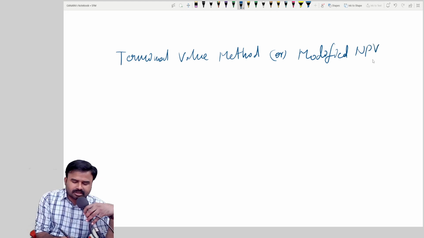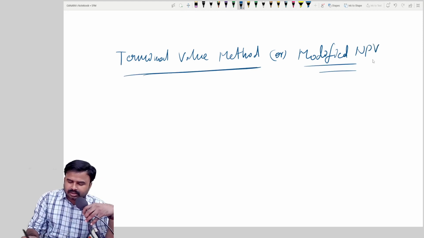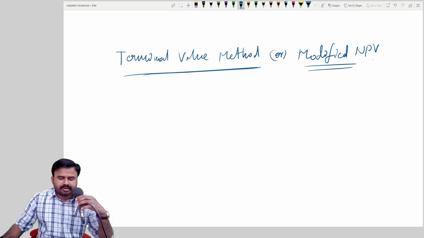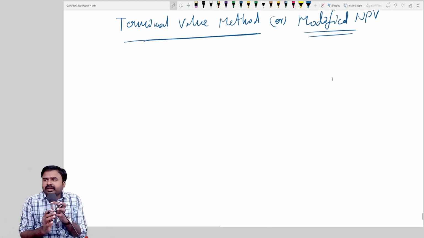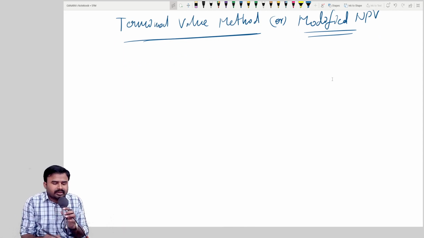The other name for this terminal value method is modified NPV. For calculating modified NPV, the process is completely different actually.